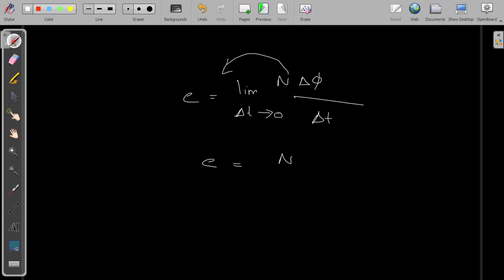So N times limit delta T tends to 0 of delta phi by delta T, which is nothing but differentiation, d phi by dt. This is the magnitude of the induced EMF.